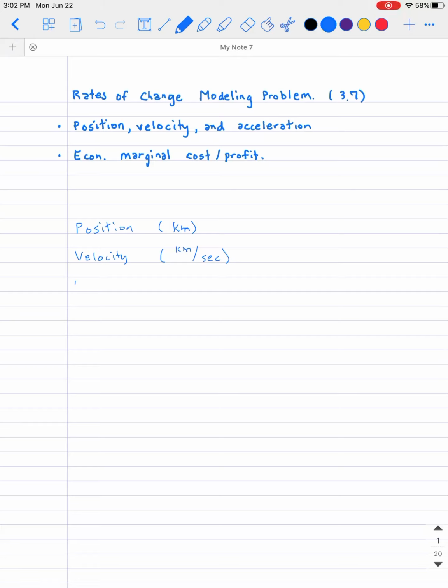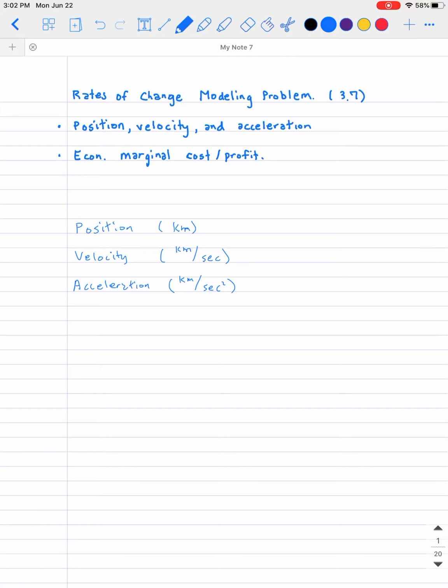And finally, acceleration is kind of the same idea, except it's in terms of something like distance over time squared, maybe kilometers per second squared. From that, we can conclude that the acceleration is the derivative of the velocity.